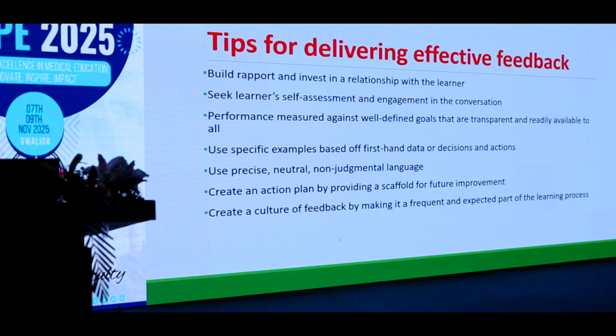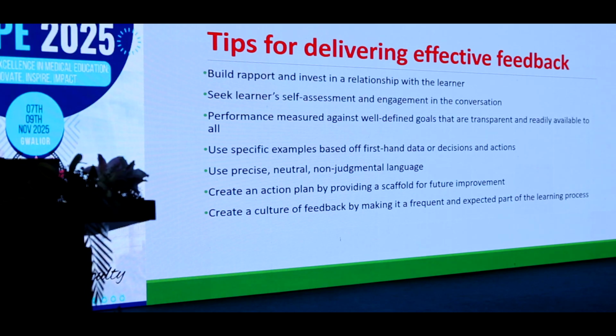So what are the tips for delivering effective feedback? As Sir also told in the last presentation, we have to build a rapport and invest in a relationship with the learner. And the learner's self-assessment and engagement should be taken care of. And the feedback has to be given against well-defined goals.